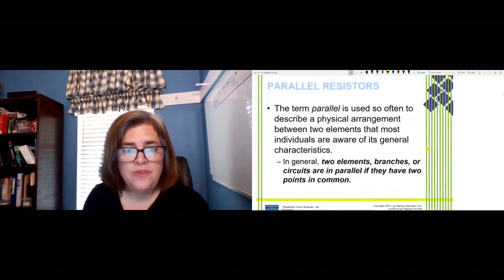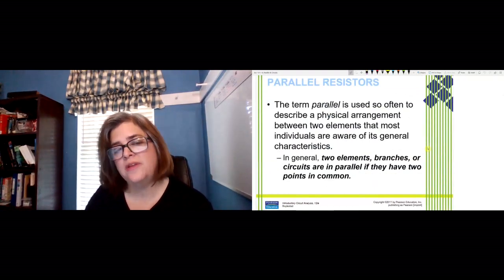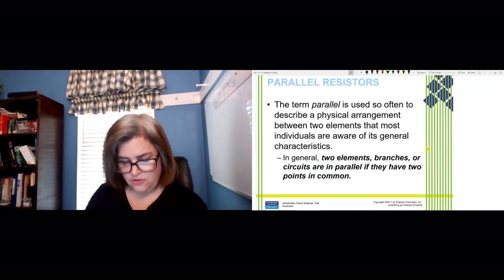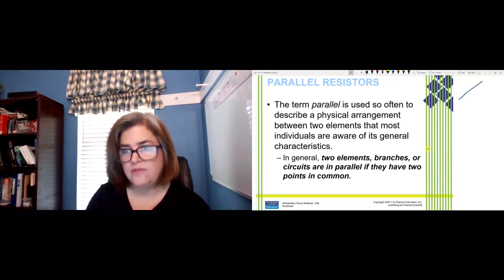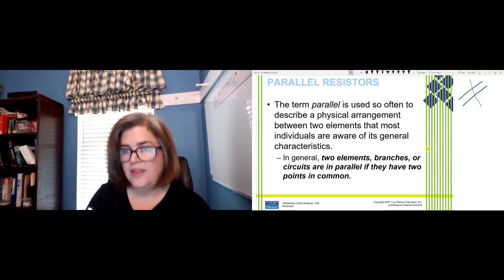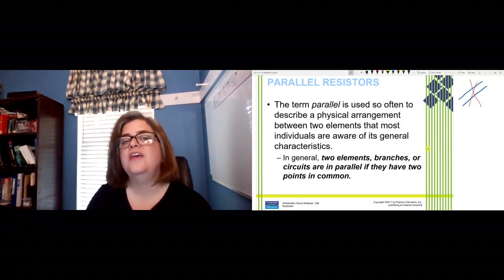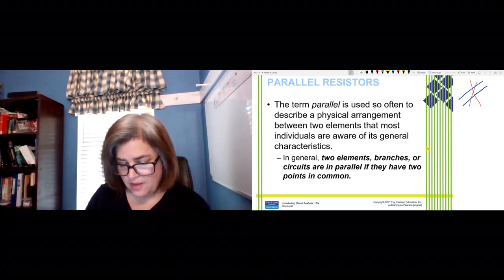So in geometry, you're used to seeing parallel elements as, for instance, two straight lines that don't intersect, right? That's what you're used to seeing as far as parallel. And I want you to get that image out of your head because it really doesn't apply in circuit analysis.